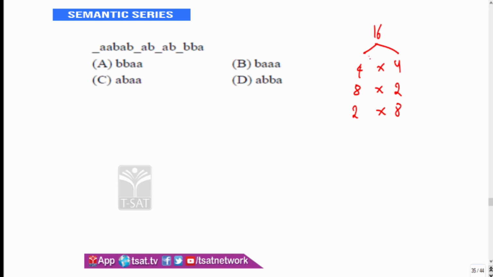Now in this 16, I will always start with 4 blocks repeating 4 times, because in the examination there is always a probability that they will ask 4 blocks repeating 4 times in many questions. So let's try to divide this into 4 parts: 1, 2, 3, 4. Now what is the next thing we have to do after the division? You check for the common.